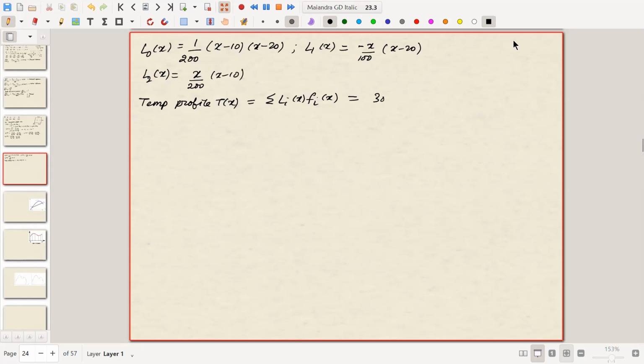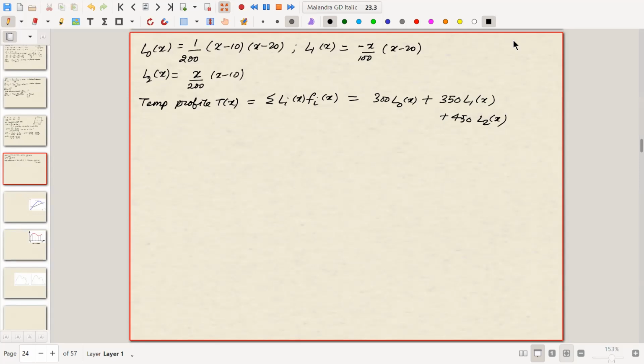So you can write it as 300 L0(x) plus 350 L1(x) plus 450 L2(x). Fi are the temperatures of those data you have gotten. Up to this is clear, right? Now you found the temperature profile. So now at any point x you ask me, I can provide you the temperature at that point of the slab. That is the main motivation behind this.